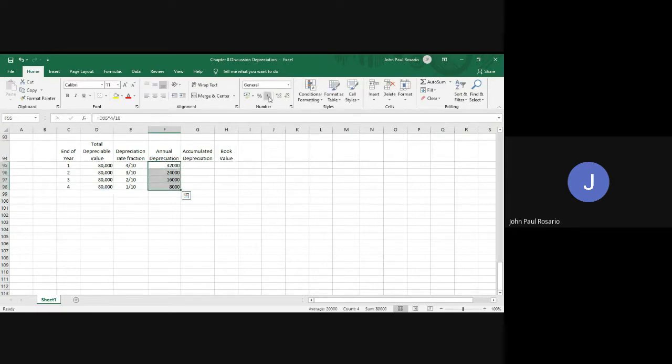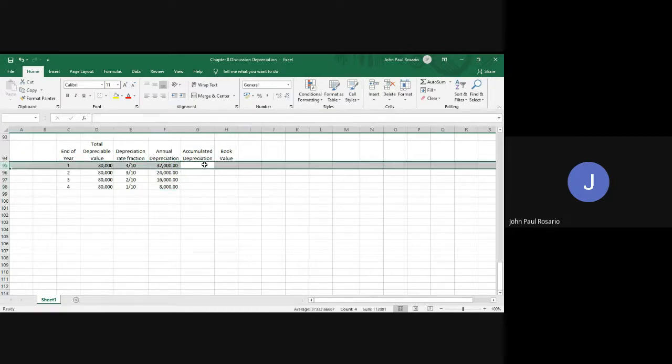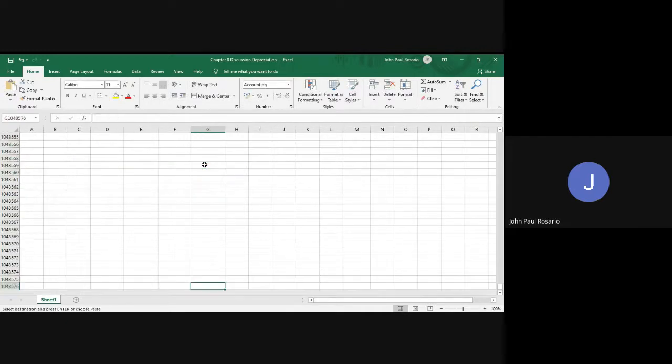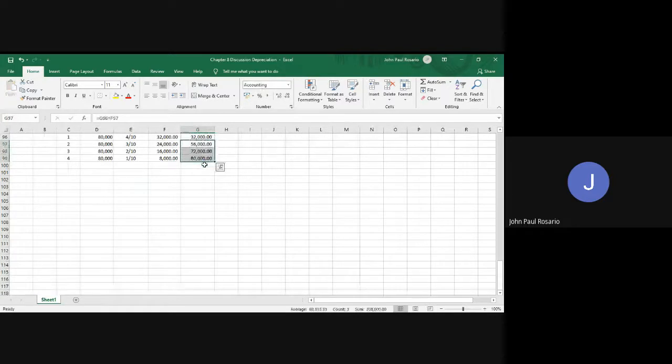For your accumulated depreciation, I forgot to put a book value here again, 95,000. For your accumulated depreciation, you just add the previous with the depreciation for the year, and continue that along the table.